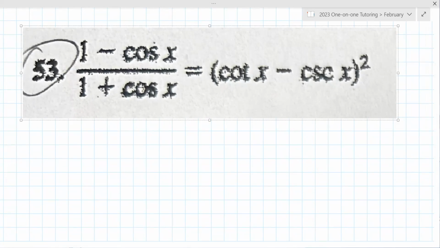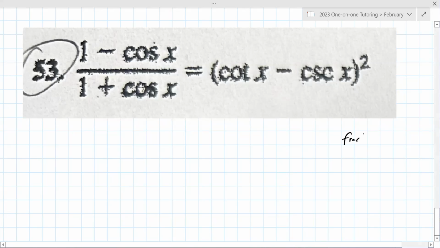Which side do you want to work on? The right side. The right side we will probably have to work on, but not first. The fractions are harder to deal with than anything. So I don't know if you want to add that to your list, but generally you work on the fraction side.